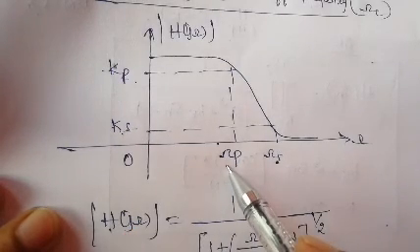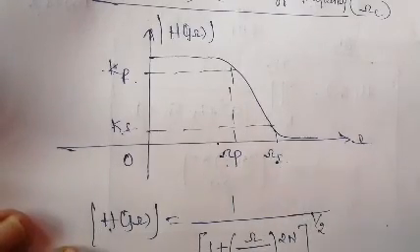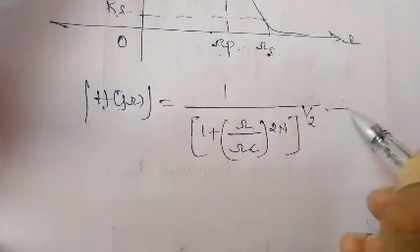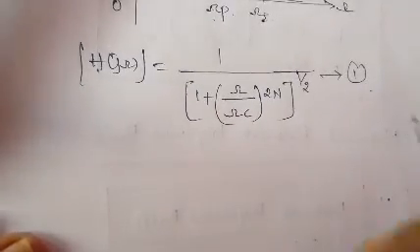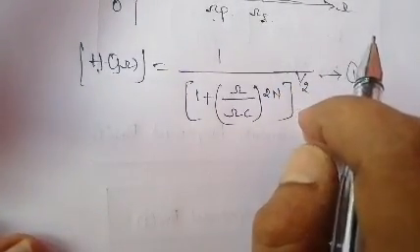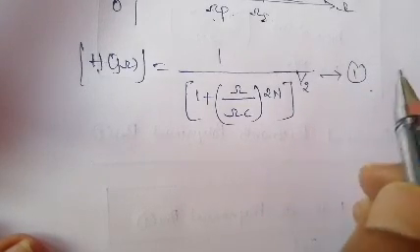Similarly, omega p indicates the pass band edge frequency and omega s indicates the stop band edge frequency. We already discussed this in the last video. This is the equation representing the transfer function of the Butterworth filter. With the help of this transfer function, let us calculate the order of the filter as well as the cutoff frequency.